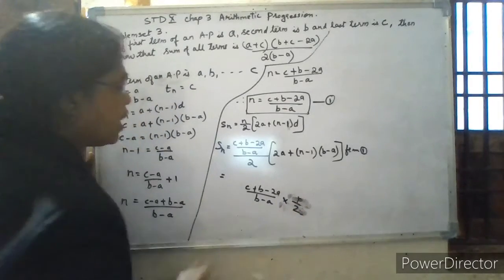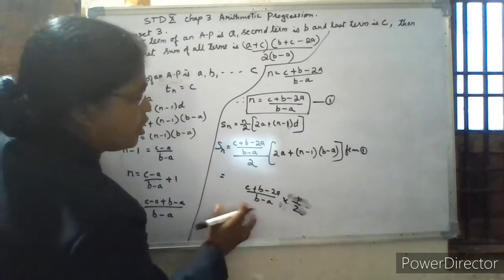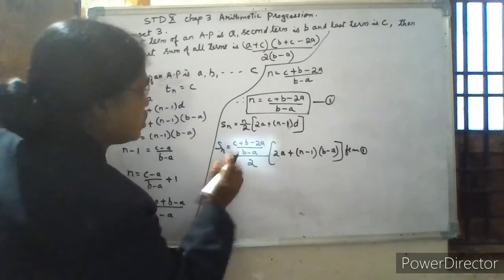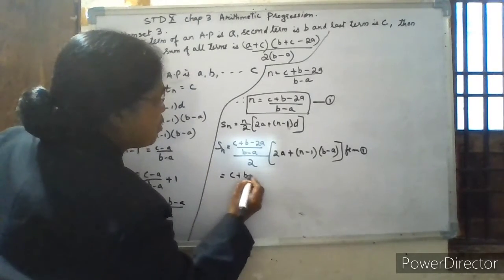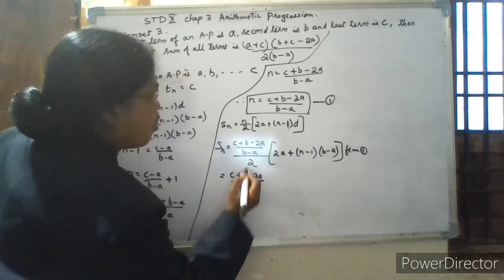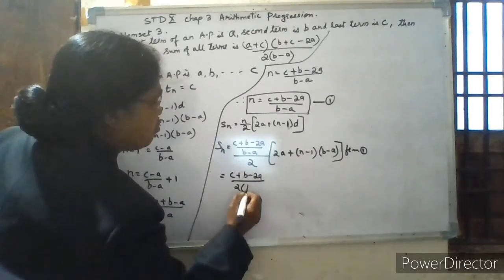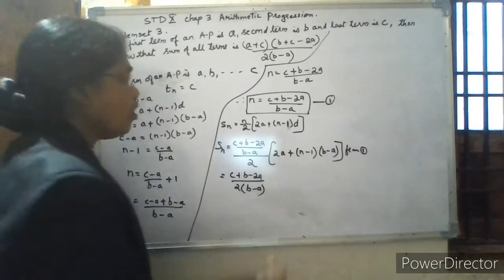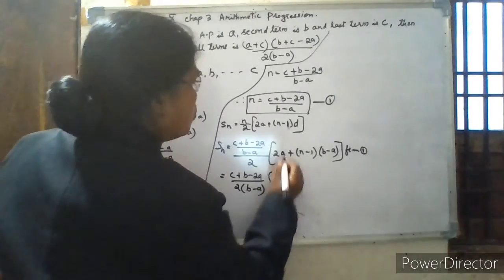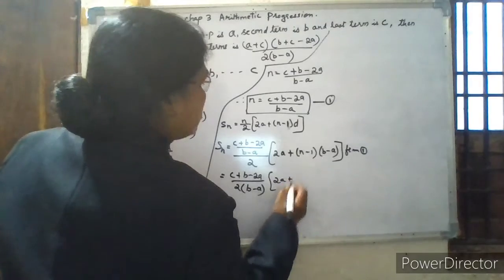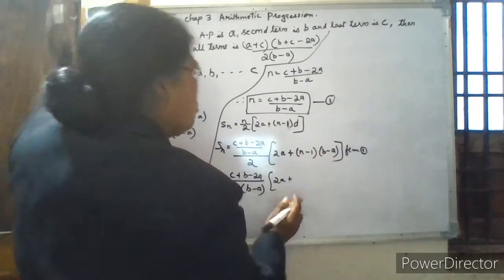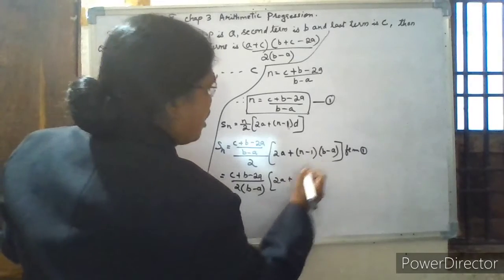So this is 2 into B minus A. Therefore we will get the solution as C plus B minus 2A upon 2 into B minus A. In this form we get this into 2a plus. Now we multiply this binomial into binomial, we will get it as nb.